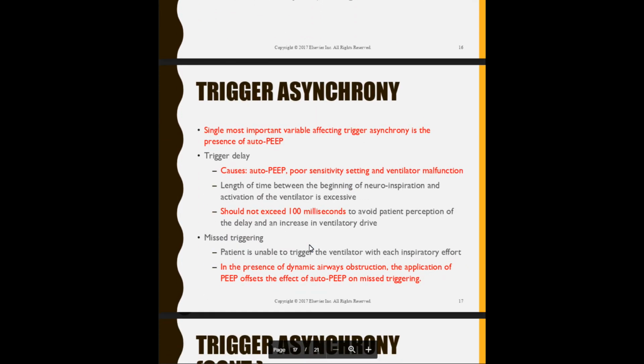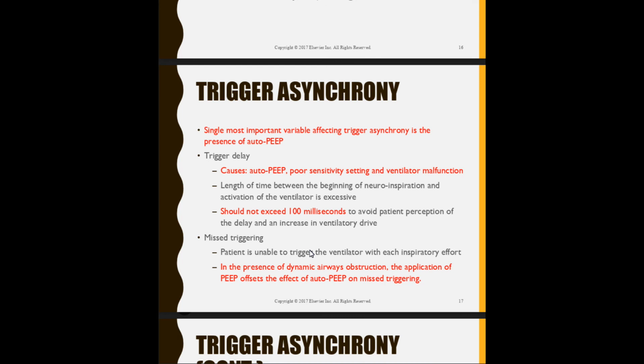Trigger asynchrony. Remember, triggering is the patient triggering the ventilator to initiate the breath. The most important variable affecting trigger asynchrony is the presence of Auto-PEEP. We did talk about Auto-PEEP forming based on increased airway resistance, so a lot of secretions, bronchospasms, and possibly the patient biting or kinking the tube, and an increase in lung compliance, meaning I can accept large volumes of air in my lungs.